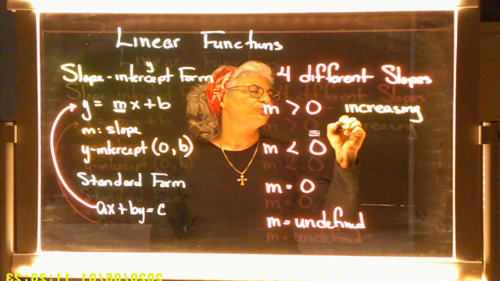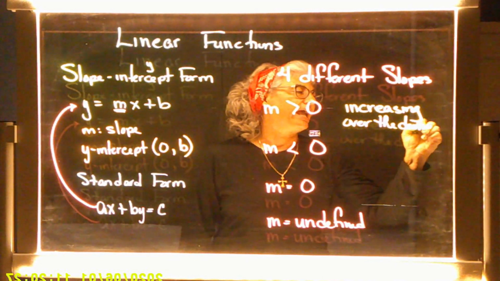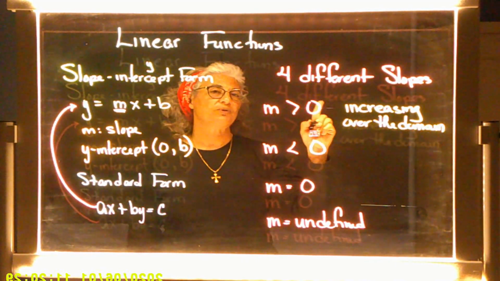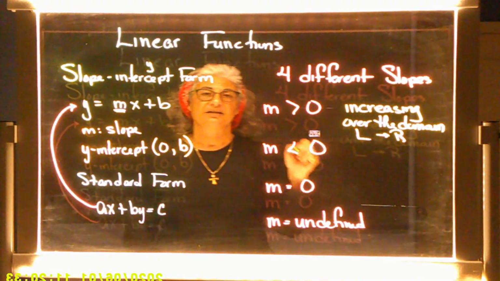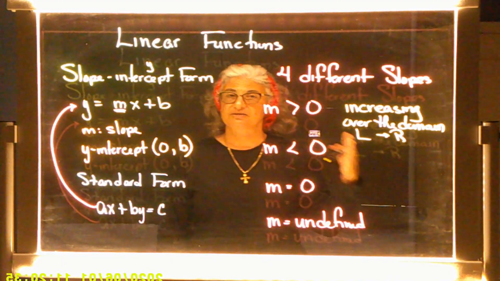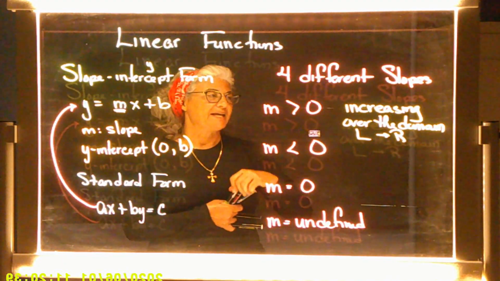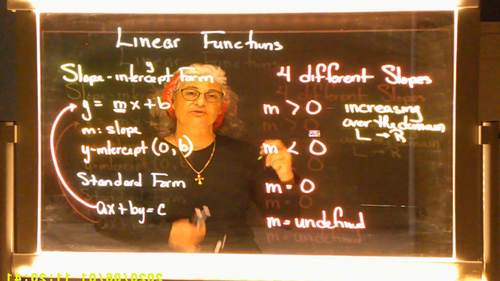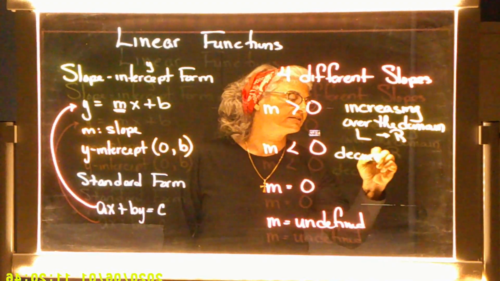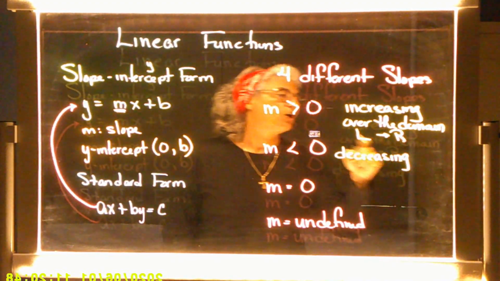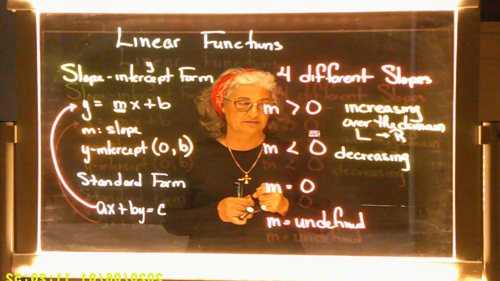They say increasing over the domain. And remember, it is going from left to right, because you always go from the smallest x's to the largest x's. With me? Okay. If your slope is less than 0, that means it's negative, which means this will be decreasing over the domain. Again, from left to right.